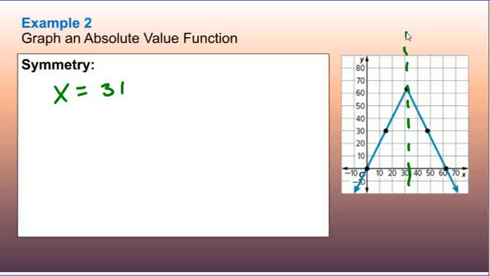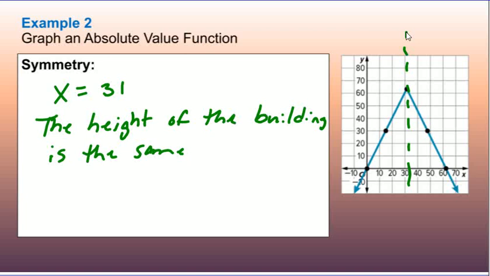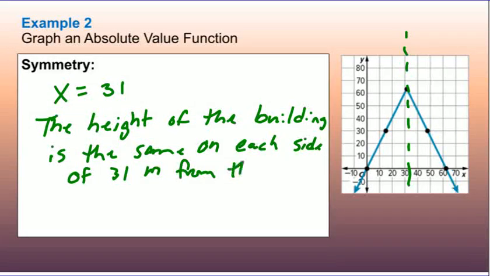That means the height of the building is the same on each side of 31 meters from the end of the building.